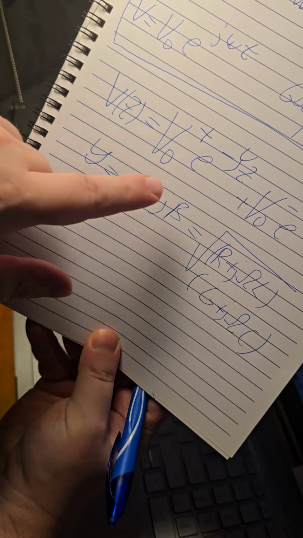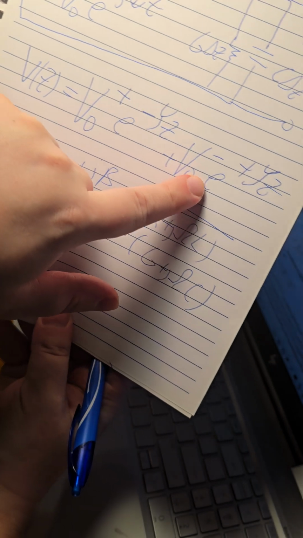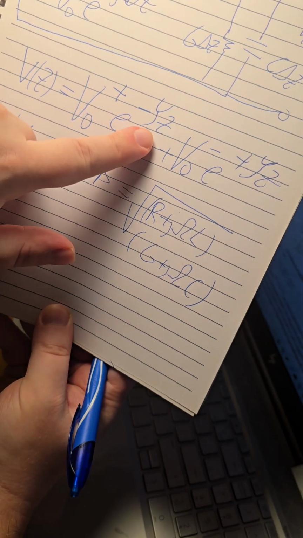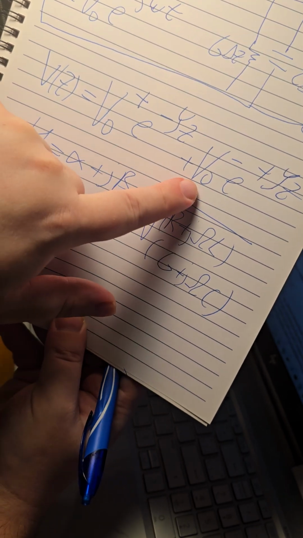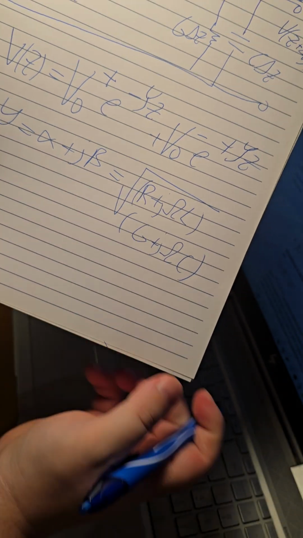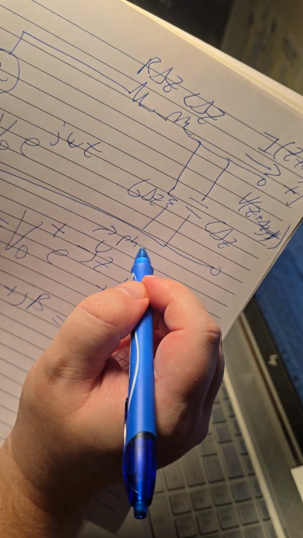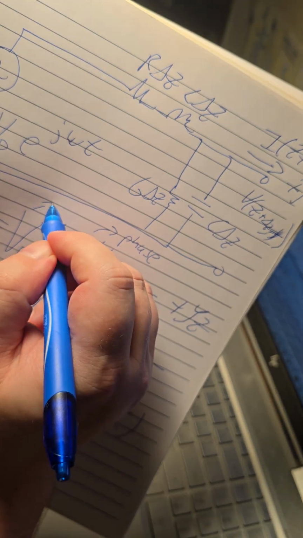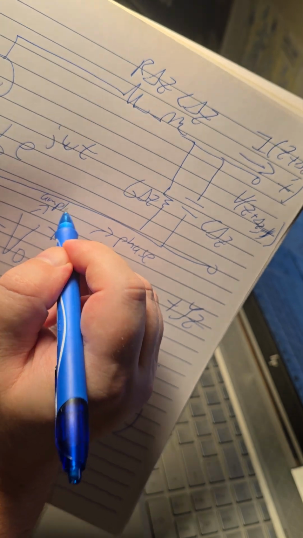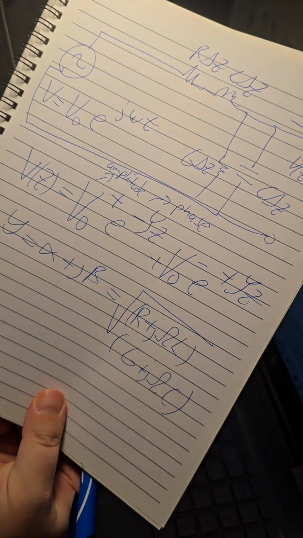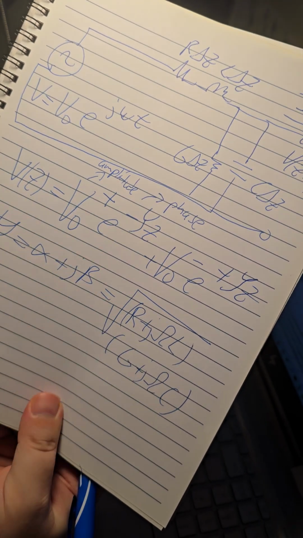So we are scaled with the positive phase and the negative phase, with the location and a positive wave and a negative wave. So this is phase and this is amplitude. Amplitude and phase.